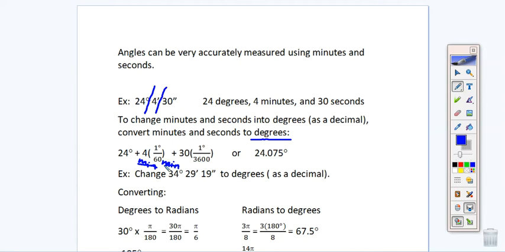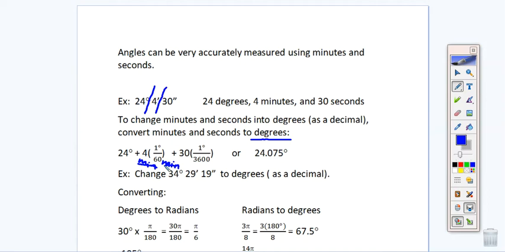Now, instead of having 4 minutes to worry about, you have 30 seconds to worry about. Now think about this. 1 degree is 60 minutes, right? How many seconds is 1 degree? Okay, think about it. Let me ask the question. Maybe I need to do a better job of this.